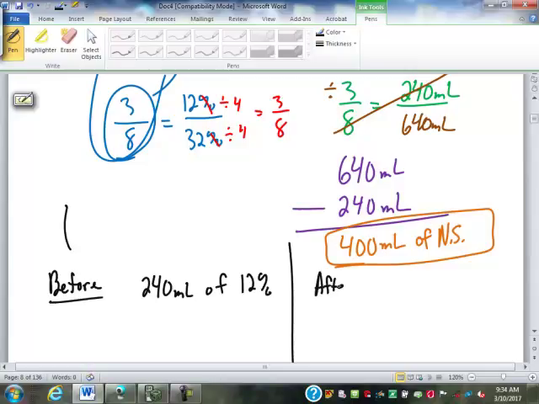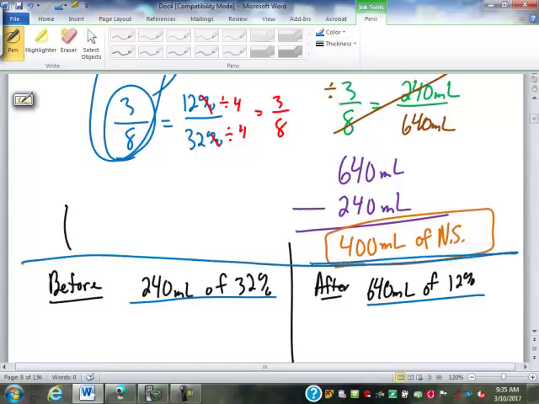After the dilution, we had 640 milliliters of, oops, I had that wrong. It was 240 milliliters of 32% solution before. After, we had 640 milliliters of 12%. So we went from a starting amount, 240 milliliters of 32%, to an ending amount of 640 milliliters of 12%.